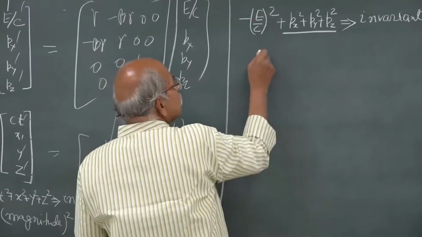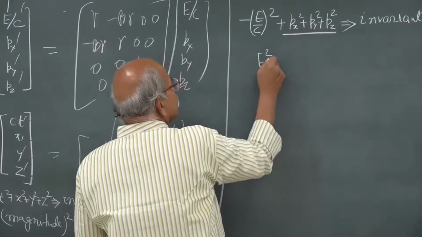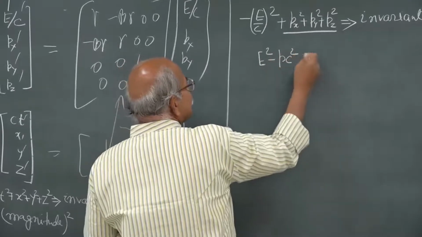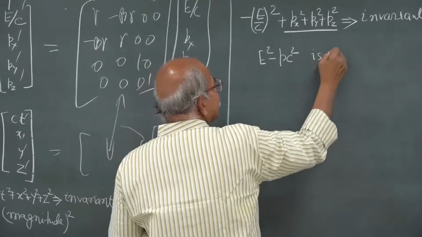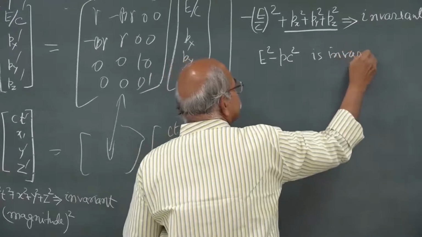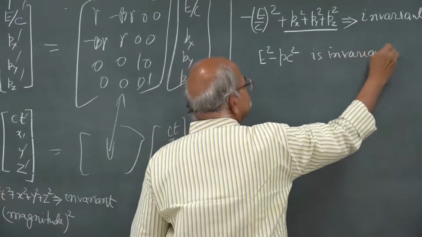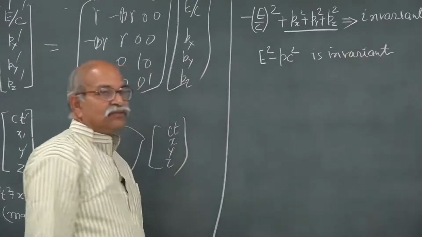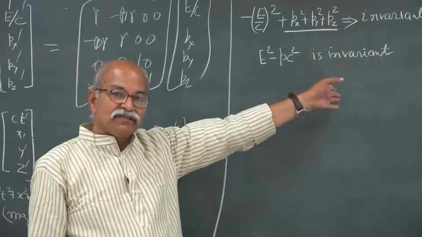Hence, E square minus P square c square is invariant. So, when you change frame, this will not change.